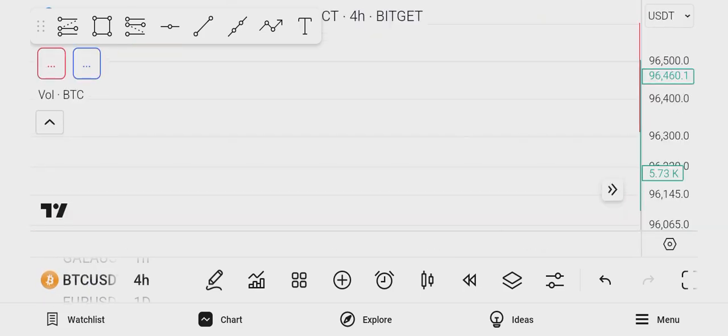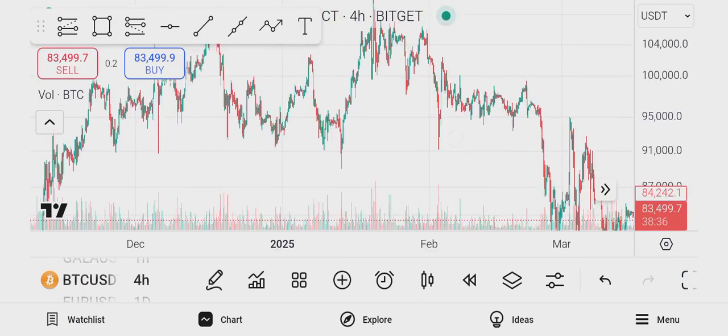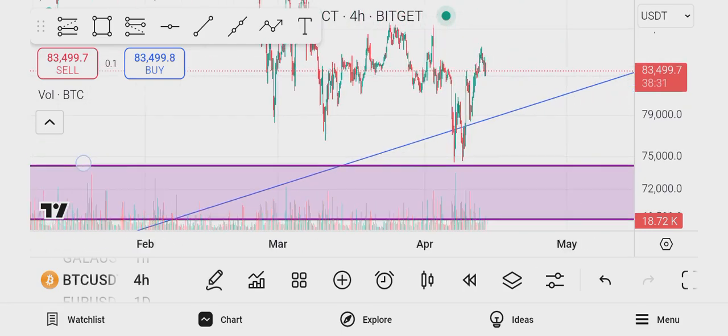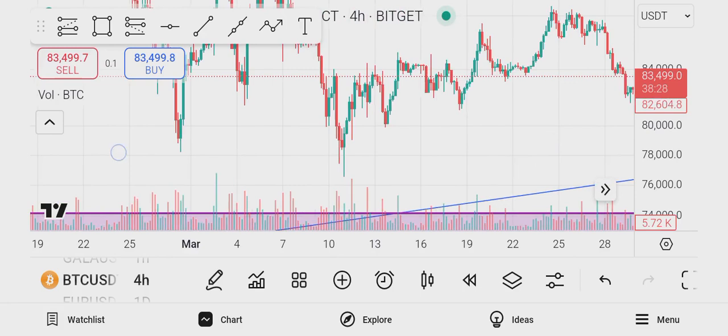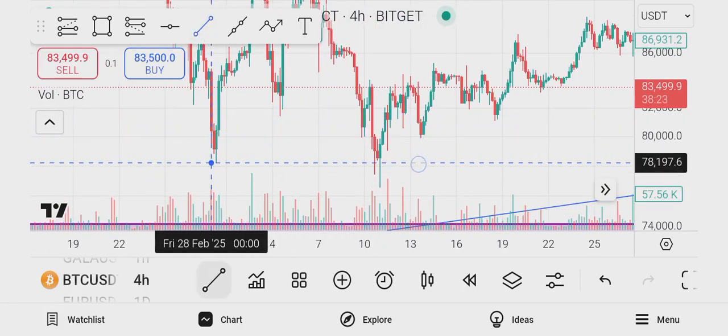Let me check BTC USD. Okay, let me make use of this. Now this is BTC USD. Let's draw this line now.